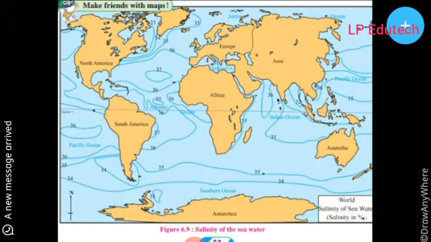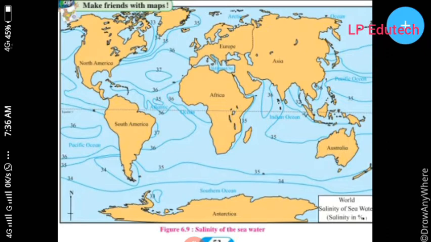So we are going to continue with the same. On page number 53, figure 6.9. Now here you have one figure before you, that is, the salinity of the seawater is given, and based on it there are some questions. But before going further to answer the questions, let us understand this figure. In this figure, the salinity of the seawater around the 7 continents is given.